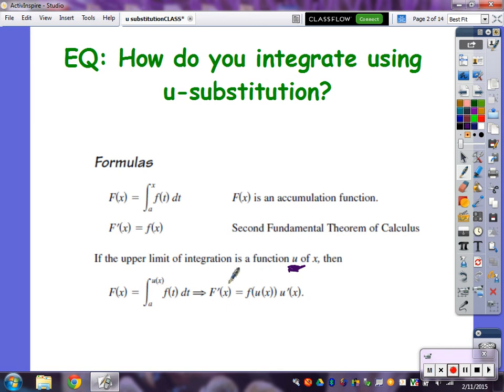So not only do you take your composite function and plug it in for t in this particular representation of the accumulation function, you also have to include the derivative of your composite function. So taking all that information, we are going to move into U substitution.